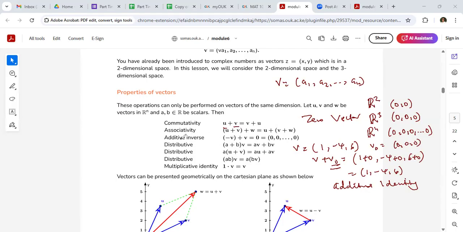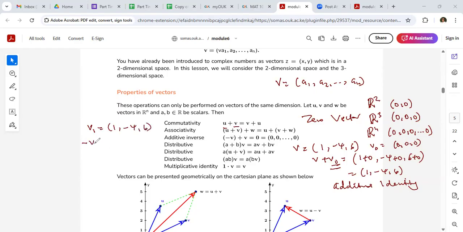And then the other property now on R is the existence of the additive inverse for a vector. So for any vector v, you'll always find an additive inverse in the sense that when you add the two vectors, the resulting vector is a zero vector in the space. For example, my vector V1 is (1, -4, 6).